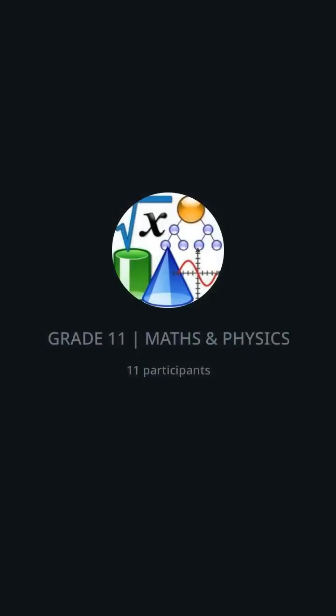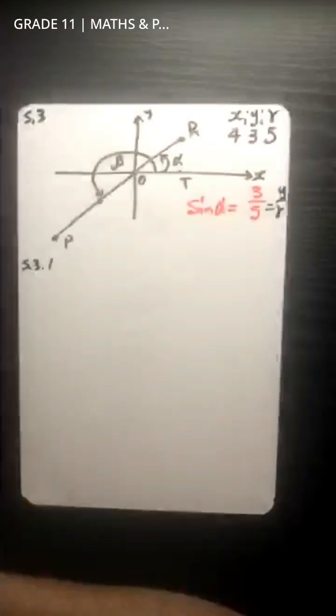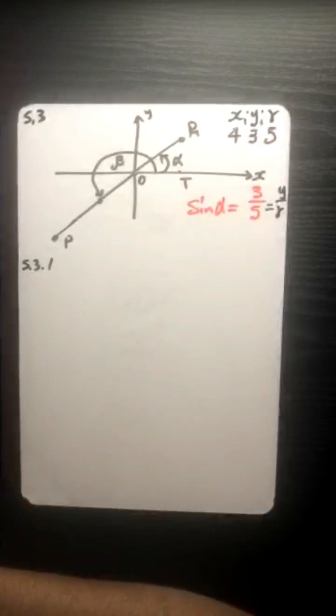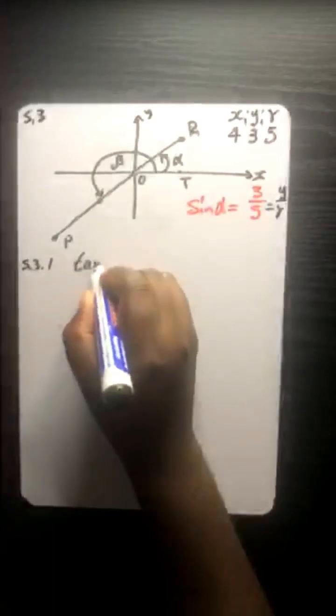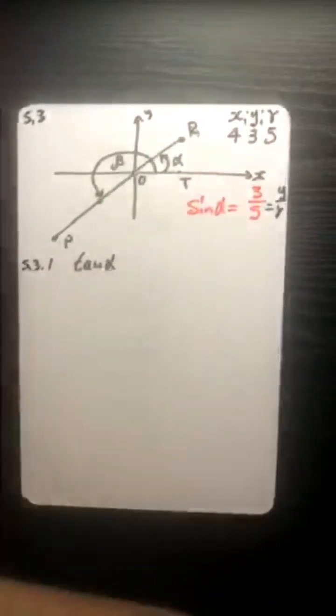So can you see? The first question says, without using a calculator, most importantly, determine the value of tan of alpha. That's what they want you to determine.